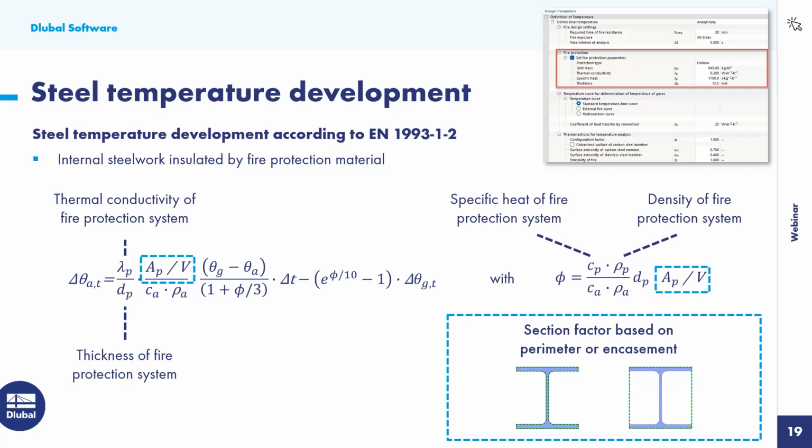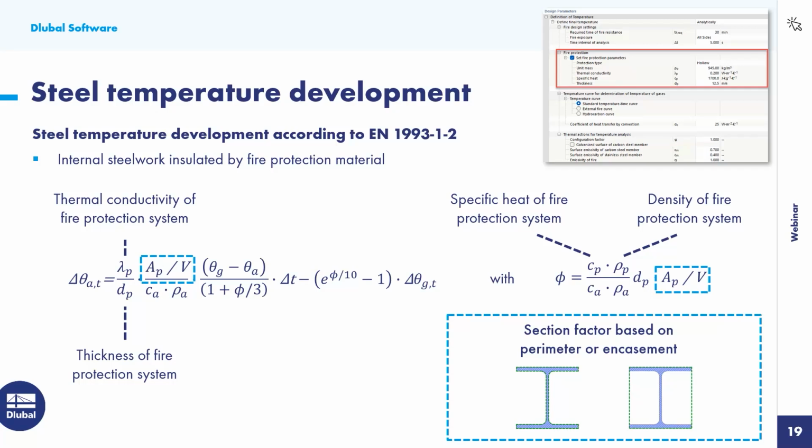In this case, the improved fire protection is a nice bonus. But conventional fire protection systems exist as well. They have a much higher protective value, and they can also be taken into account in our program. We can take into consideration spray, plaster, or board encasement.